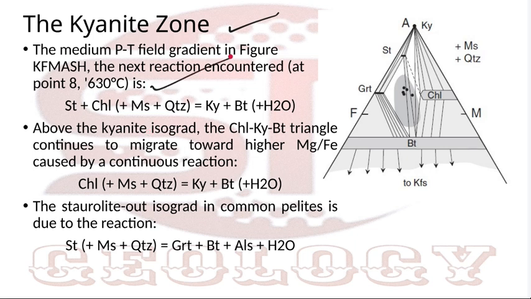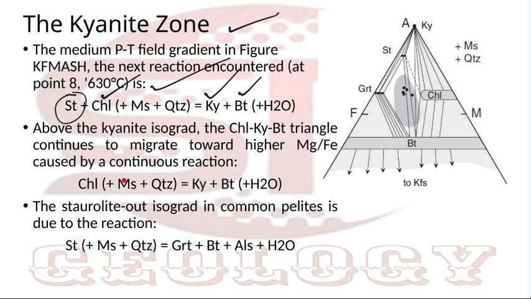Here what happens is that staurolite reacts with chlorite and forms kyanite plus biotite. Now we will say, if staurolite is not there, how will the kyanite isograd appear?